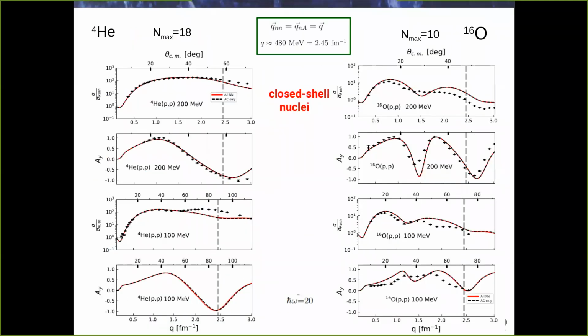This is one of the things I was interested in. We have done microscopic calculations for a long time, since the 80s or 90s, and always neglected the spin of the struck nucleon.